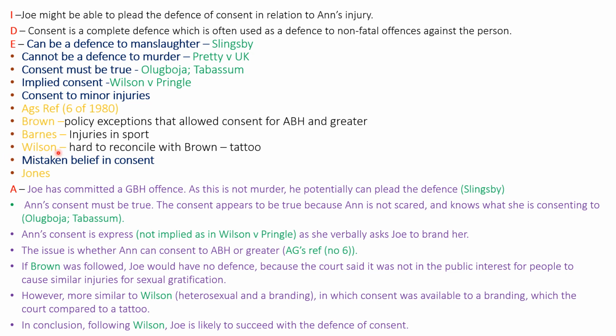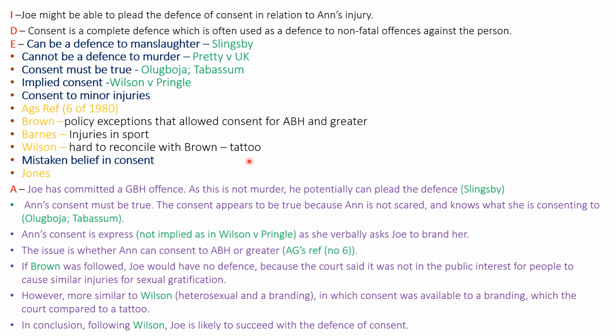Wilson is actually really difficult to reconcile with Brown because Wilson was the case where a wife consented to her husband tattooing her. I mean, it wasn't a proper tattoo. He was branding her with a hot knife. She wanted him to tattoo her buttocks, basically, with this branding.